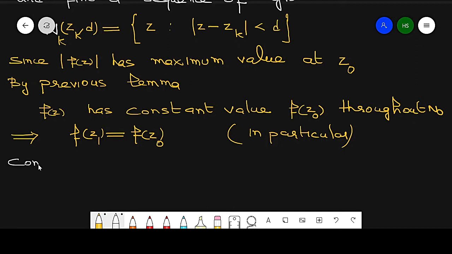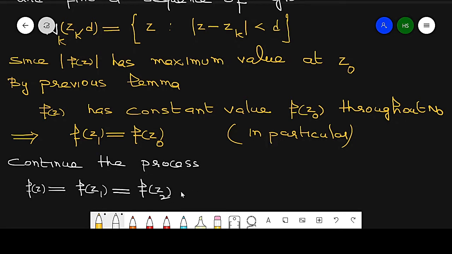If we continue the process, f of z1, f of z2, f of z3, up to f of z(n minus 1), and this is equal to f of zn, and all these values are equal to f of z naught.